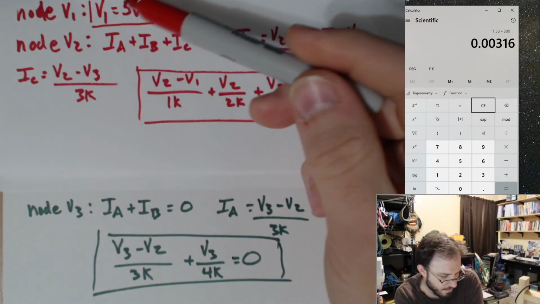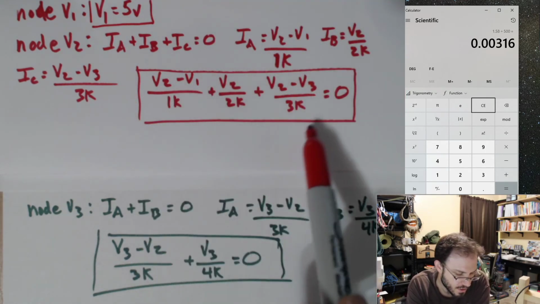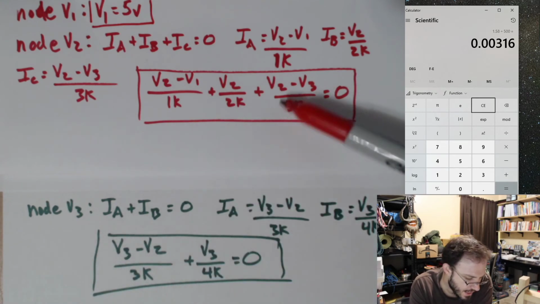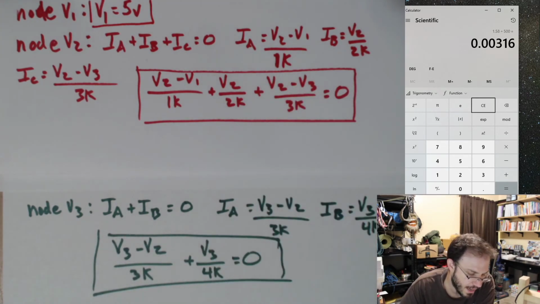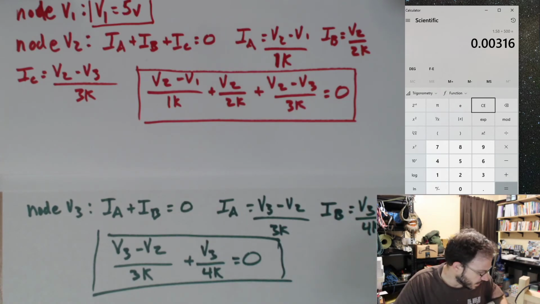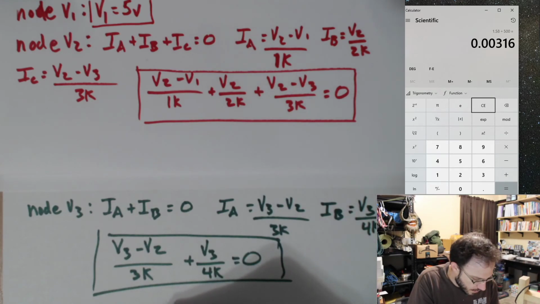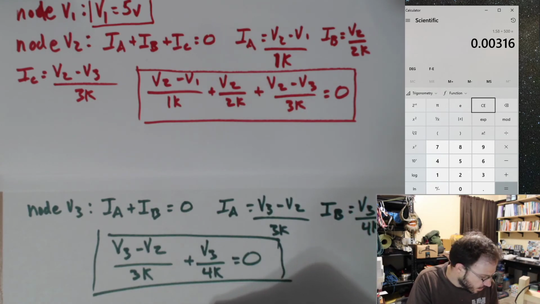I can plug my V1, which we know to be 5 volts, into this equation, and then I have an equation in terms of V2 and V3, and then I can take these two and go ahead and solve that for my V2 and V3. Once you do that, you are going to get V1 is equal to, well, we already knew that one, 5 volts. V2 is going to be equal to 3.04 volts, and V3 is going to be equal to 1.74 volts.